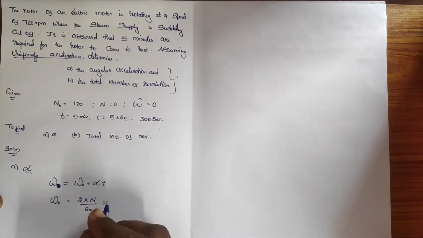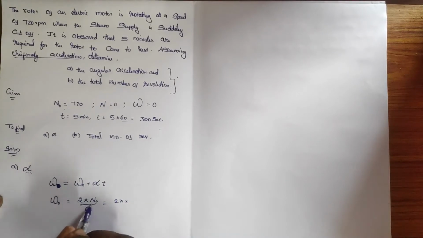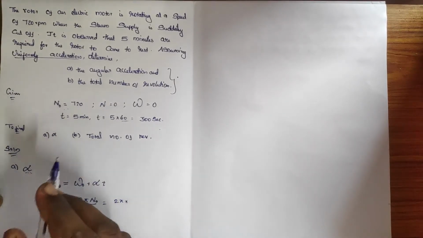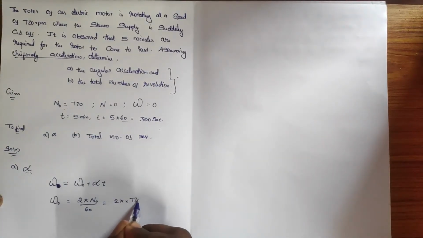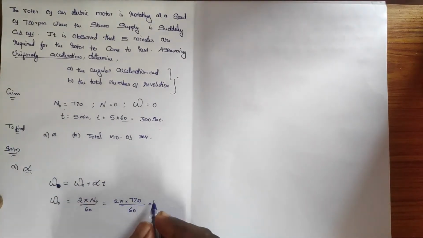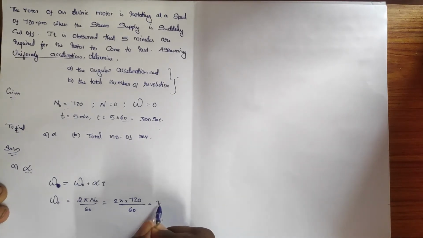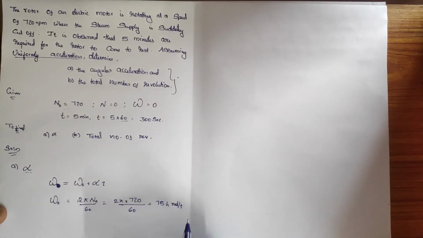If I substitute 2 pi into N naught, the initial one, which is 720, divided by 60, if you do the calculation you get omega naught as 75.4 radian per second.